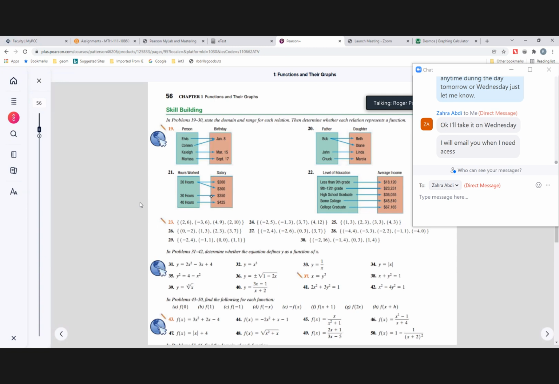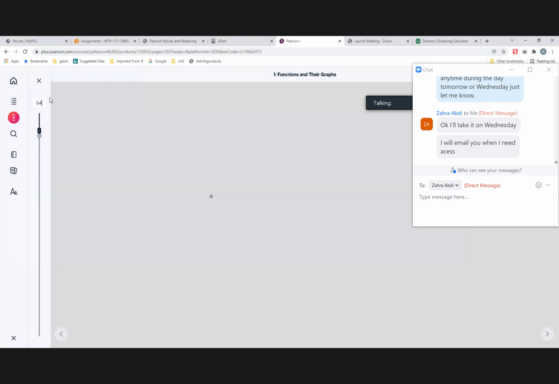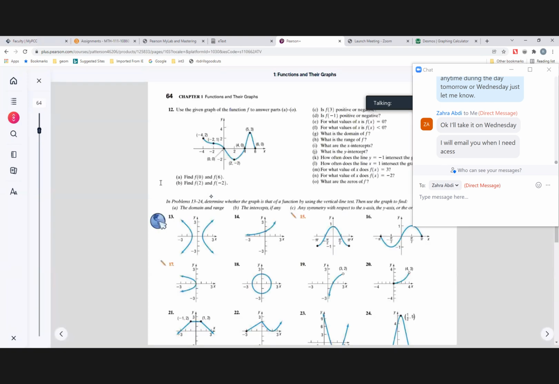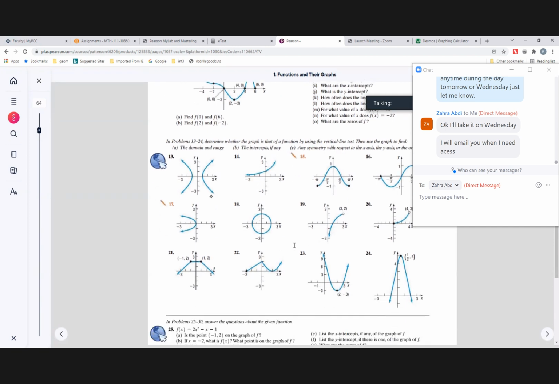It's 63? Yeah. Not 56 then. Okay. Page 63. On page 63, it was 13 through 22. Yeah, there was no 23 in that one. If I said 23, I don't know what I was saying there because we didn't do 23 on that page.